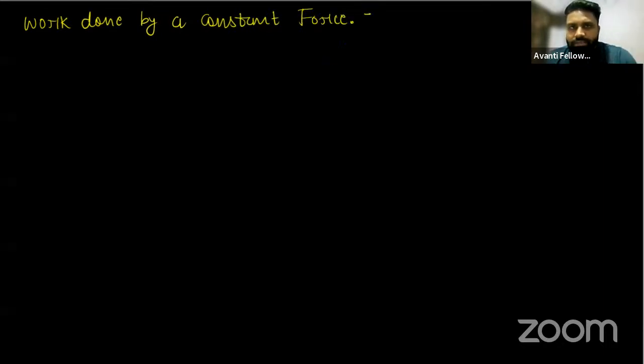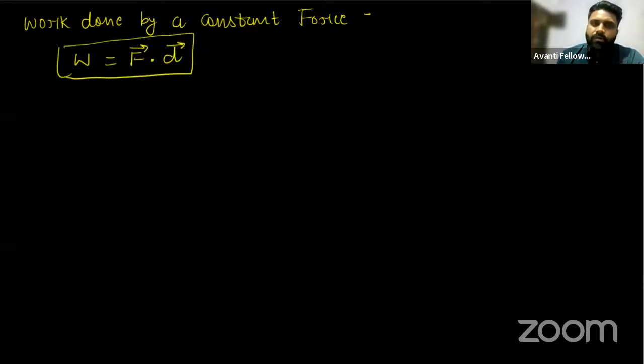According to the definition of work done, work done is nothing but the dot product of force vector with displacement vector. It is a scalar quantity, which means you do not need to worry about the direction.